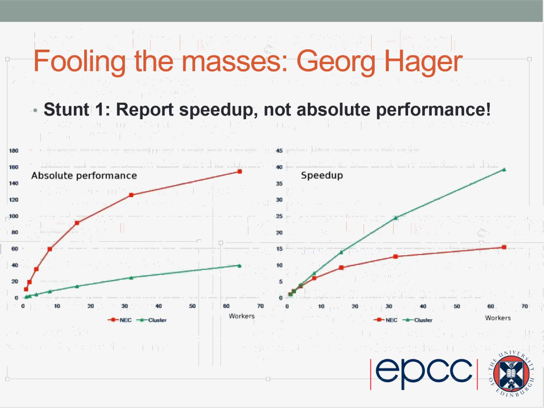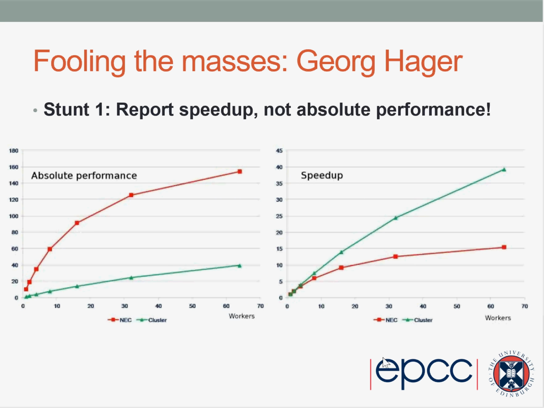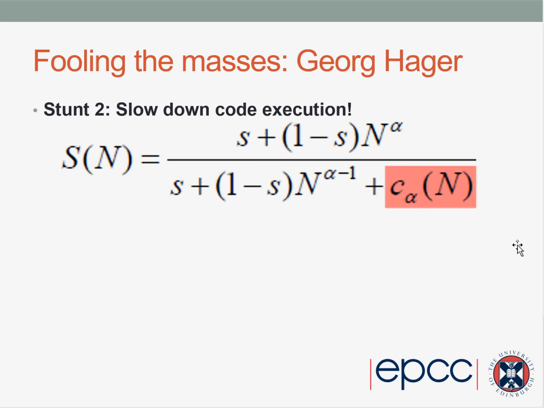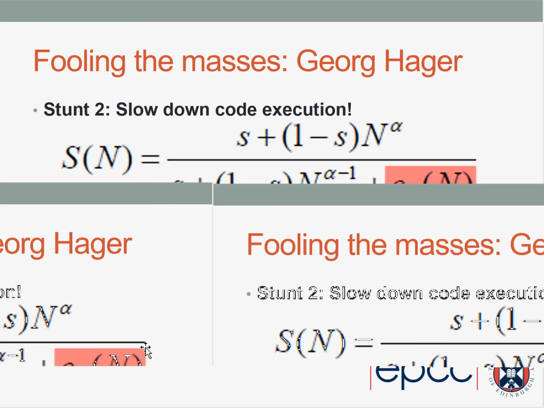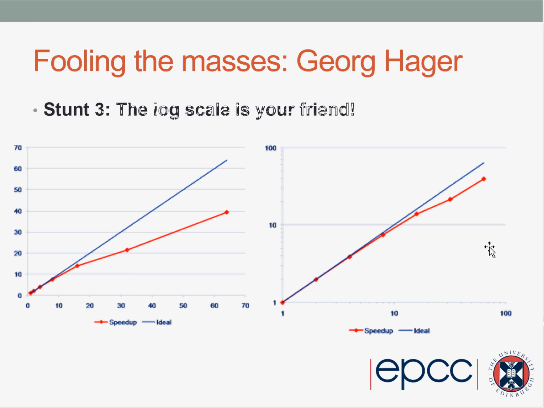There are things like this exact example, reporting speed up, not absolute performance, which is what we've just discussed. Or slowing your code down to make the serial performance terrible, so your parallel performance looks better. Or using a log graph, because on a log graph the speed up looks better, closer to ideal, than it does on a normal graph.